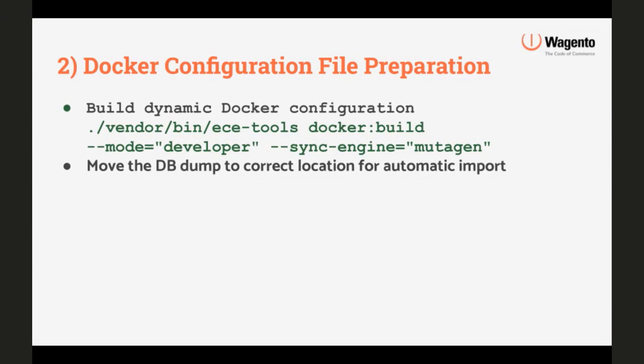And then there's also a sync engine option, and we're going to use mutagen. The sync engine is for performance reasons. Instead of directly mounting the project files into the Docker container, which is something you might see in other Docker implementations, this particularly on Macs has very bad performance, high page load times.